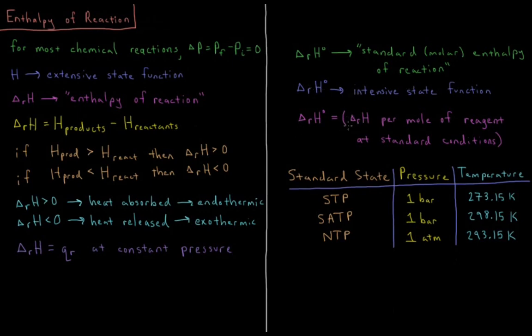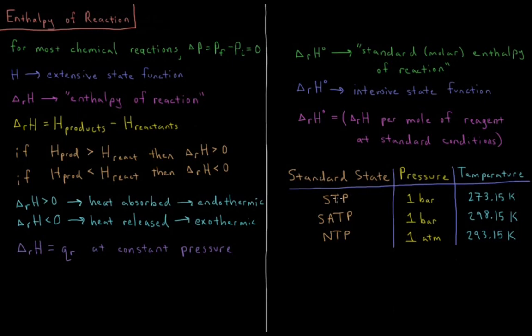So delta_r H per mole of specified reagent, and then the extra caveat that it is at standard conditions, which is what is indicated by the superscript circle up in the top right. Anytime you see a superscript like that in the top right, a circle or a 0 or an O, that is indicating that it is at standard conditions. So there's some standard state that is in reference to.